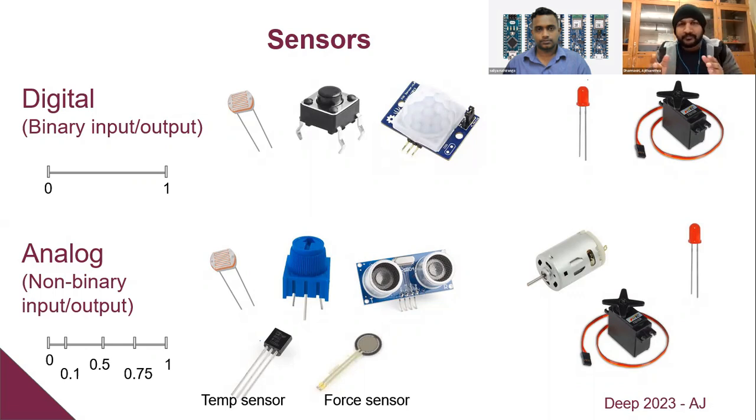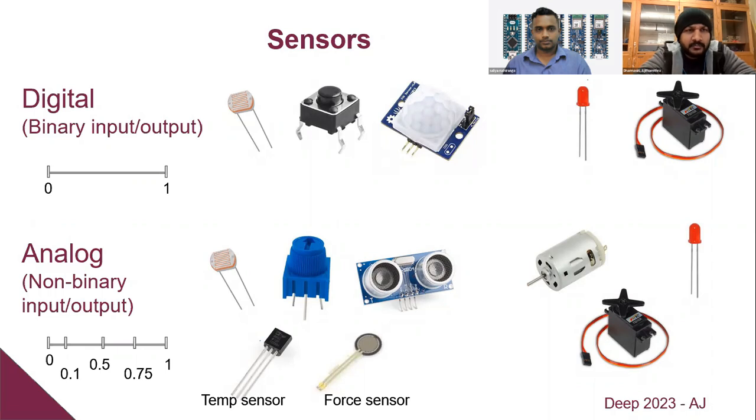Sensors basically sense what's happening in the environment and turn that into an electrical signal. Actuators turn electrical signals into something practical in the environment.